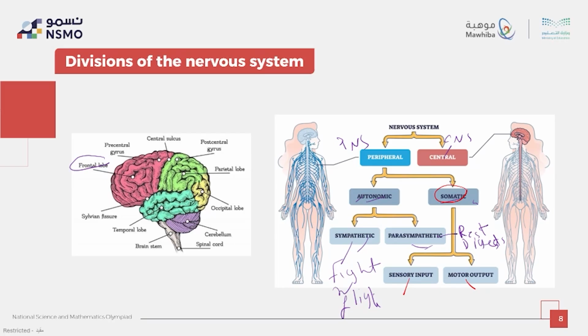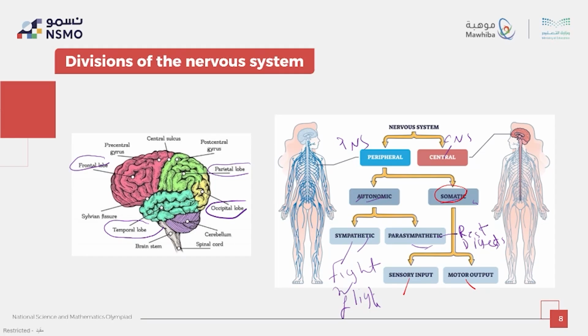The other one is the parietal lobe. It's for sensation and touch. And the temporal lobe is for hearing, memory, and language. And for vision, we have the occipital lobe.